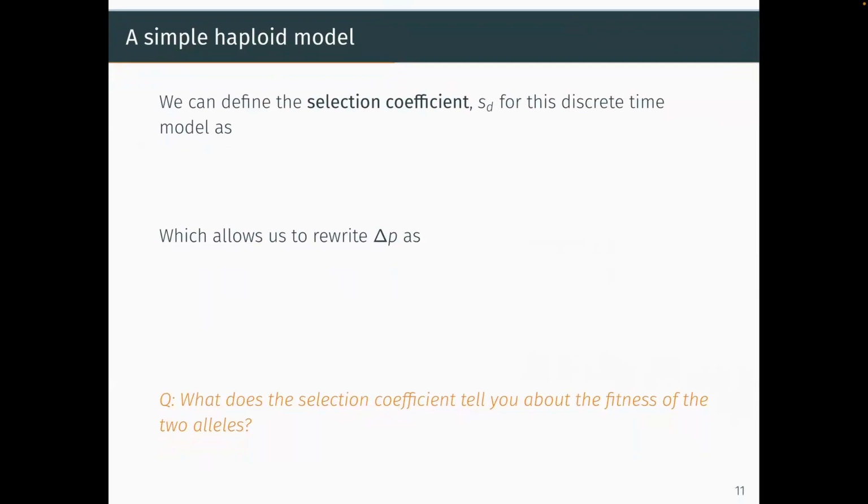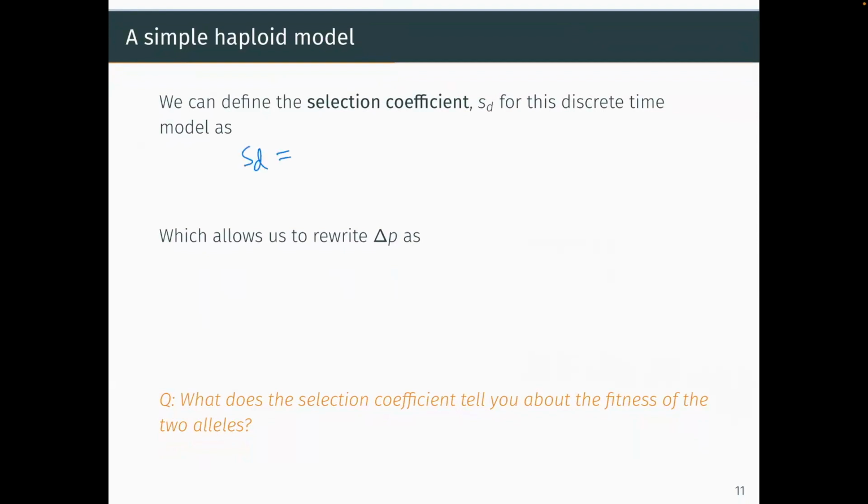One of the important terms in population genetics is a selection coefficient. And these selection coefficients are essentially just, a lot of this is rewriting the equations into some slightly easier formats. So sometimes it's easier to work with relative fitness, sometimes it's easier to work with absolute fitness, and sometimes it's easier to work with selection coefficients. So these are all just slightly different ways of structuring the same model.